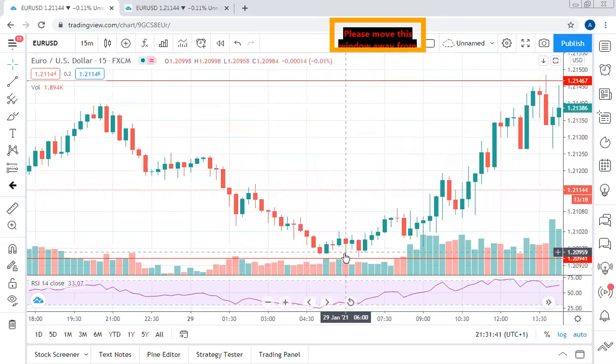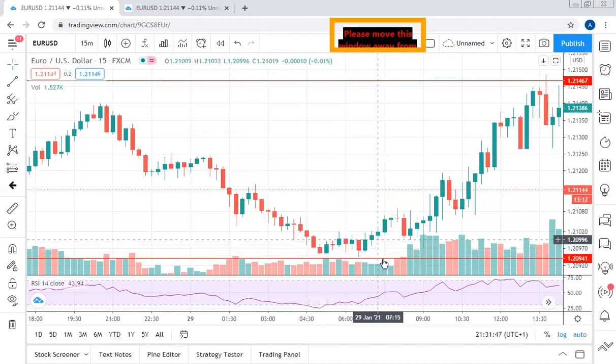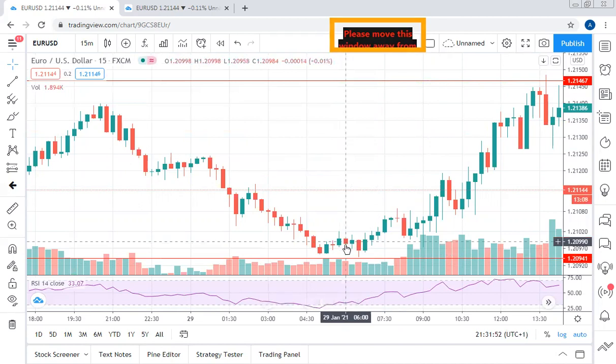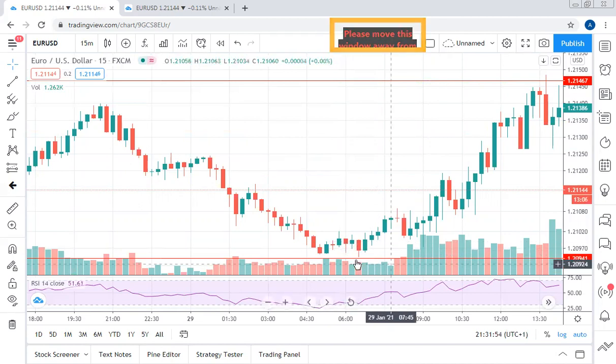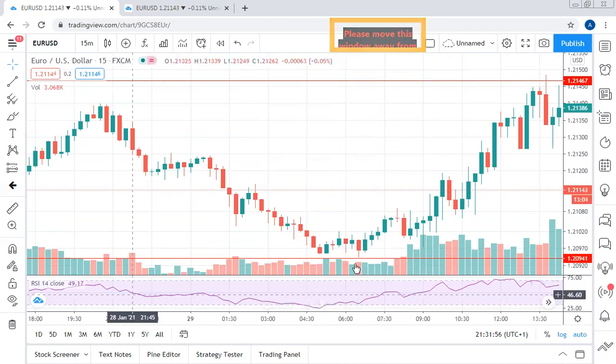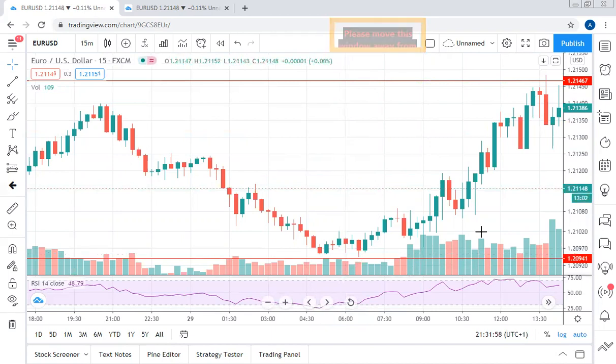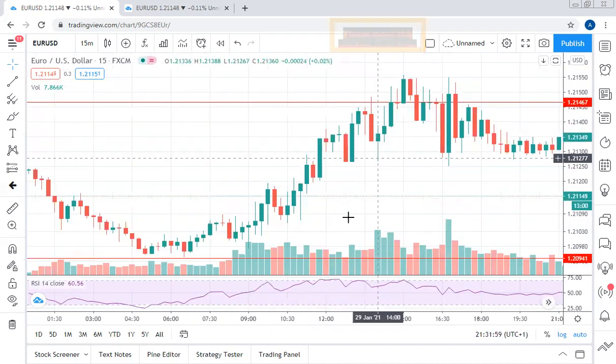At this demand zone, look at this one, an inverted hammer. Sorry, a hammer. This is a hammer here at this zone. Two hammers here, and the market began to buy.